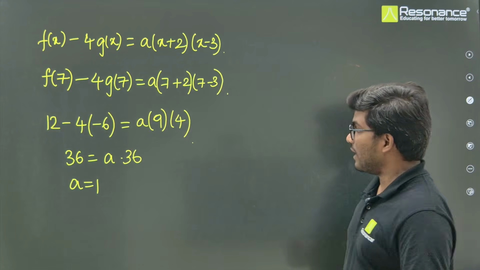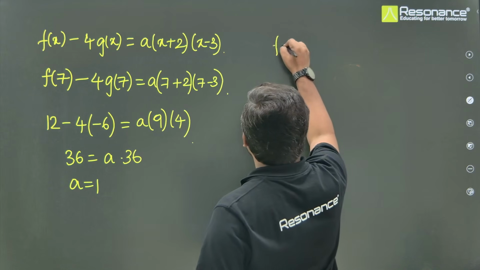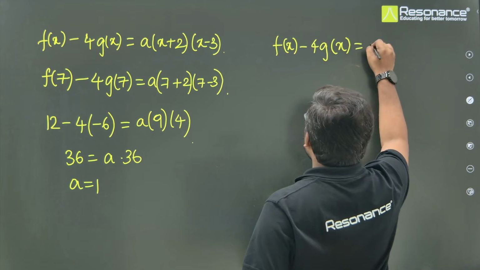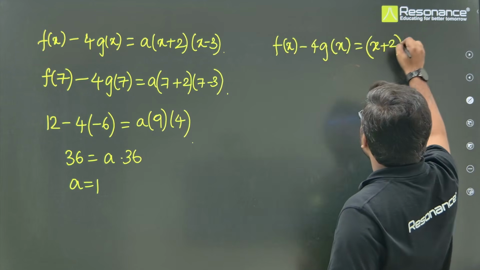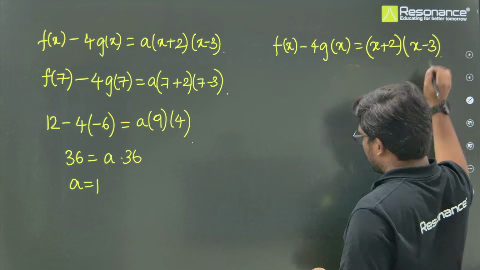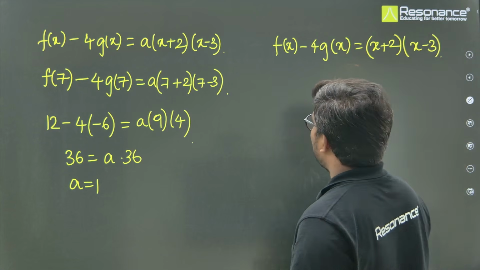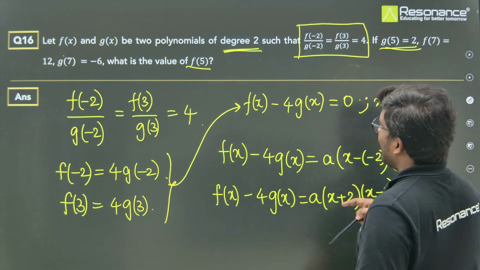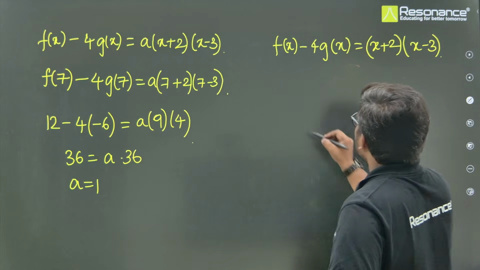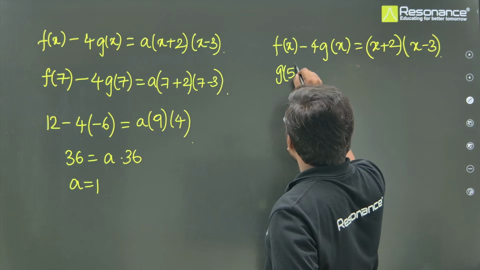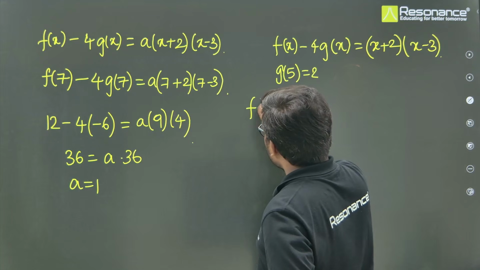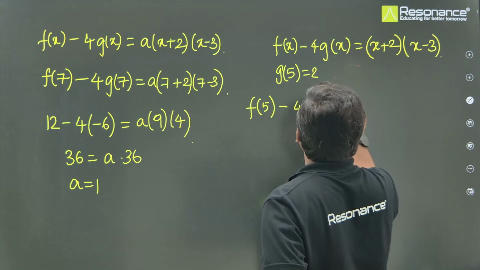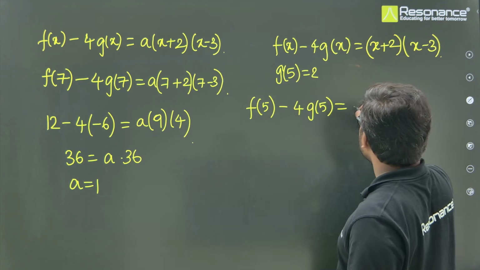Since a equals 1, f of x minus 4g of x just became x plus 2 into x minus 3. Now what do we have as the value of f of 5? g of 5 is 2 and they're asking us f of 5. Since g of 5 is 2, f of 5 minus 4 g of 5 is 5 plus 2 into 5 minus 3.